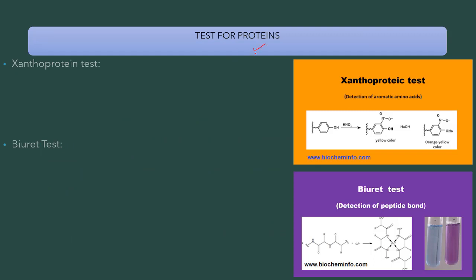Then the test for proteins, which includes the xanthoprotein test. In the xanthoprotein test, we take 5 ml of protein sample and add 2 ml of concentrated HNO3. Heat it, boil it, and a yellow color appears after heating.